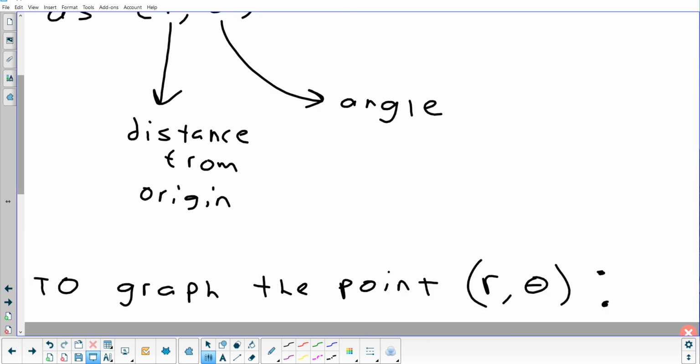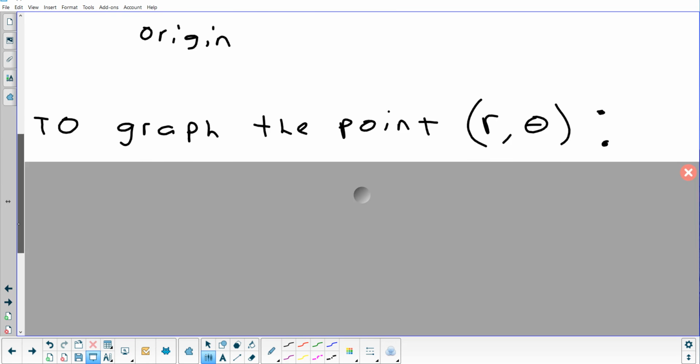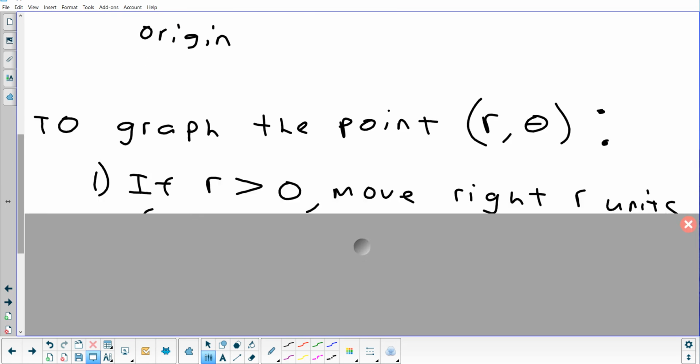So let's look at how you graph a point given the radius and the angle. This isn't even an entire picture. This is just a single point. That's all we're doing. The first thing you do is you look at r. If r is a positive value, it's almost like if x is a positive value. You basically do the same thing.